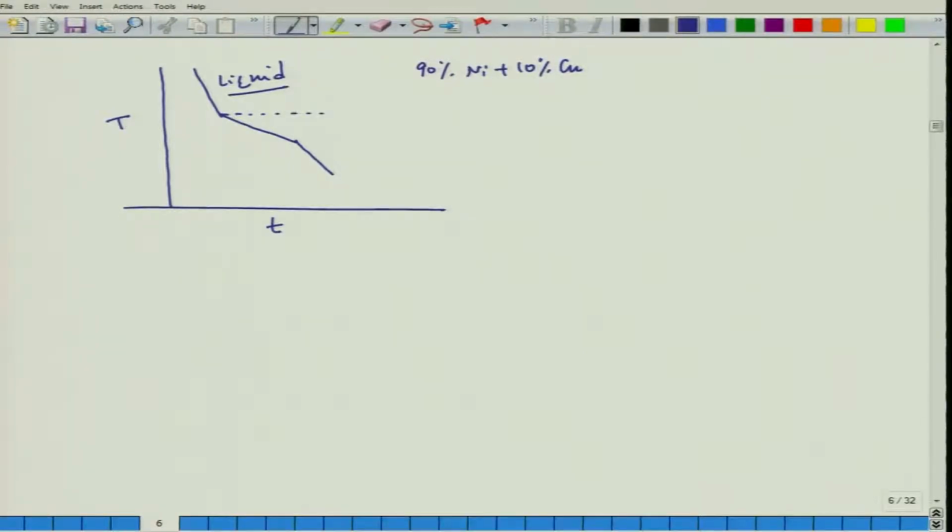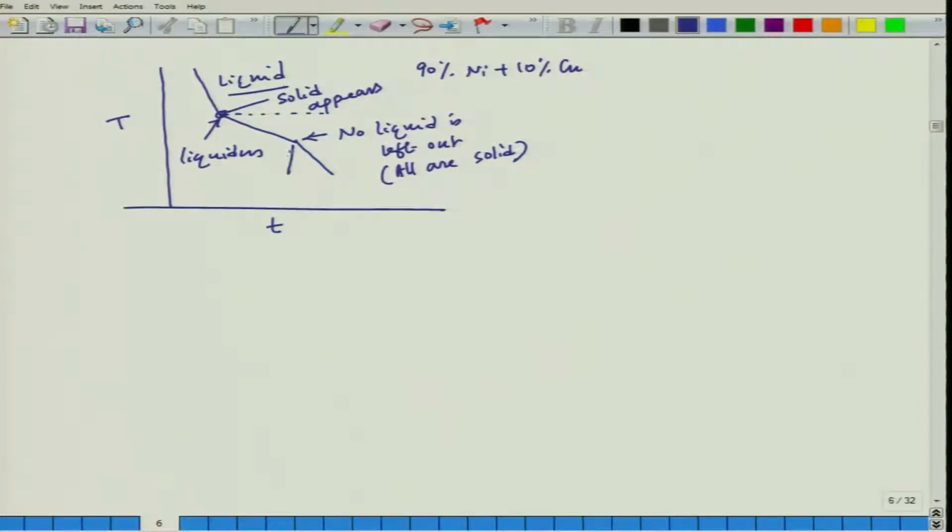And we can actually see that at this point solid appears, and at this point no liquid is left out, means all are solid. So, then we can say that this point we call it as liquidus and this point we call it as solidus.